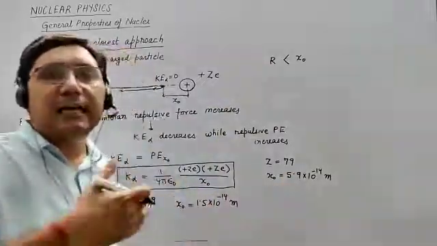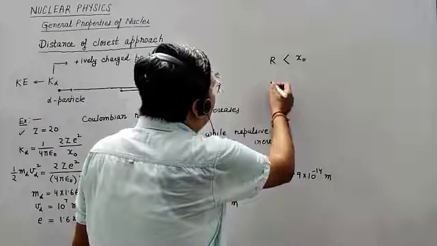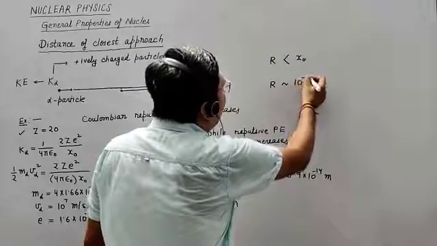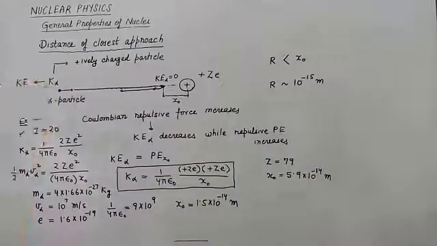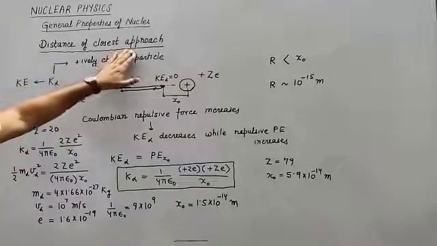By doing this experiment many times, Rutherford reached the conclusion that the radius of a nuclei is of the order of 10 to the power minus 15 meter. Rutherford was the first to predict this, using the method of calculating the distance of closest approach.